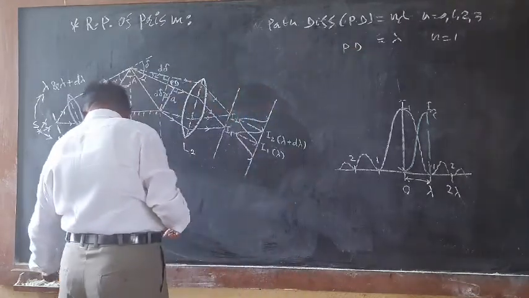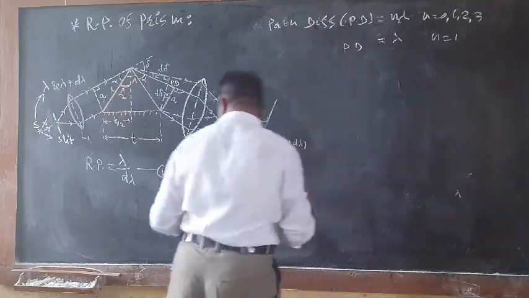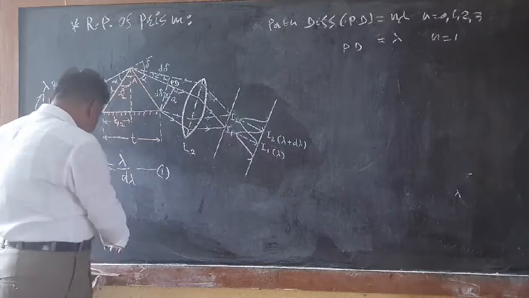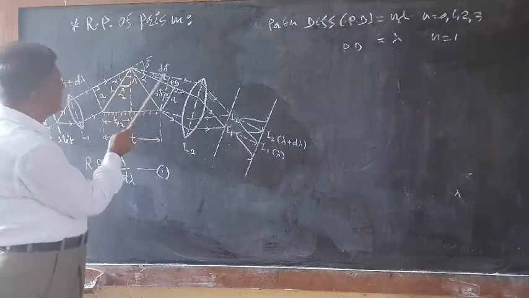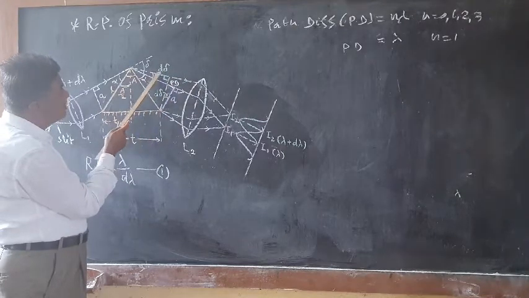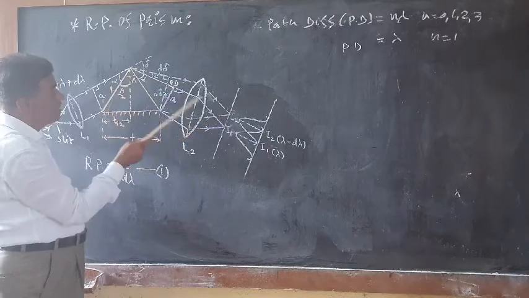And in order to determine the path difference, consider this figure and draw the normals. These are the two rays, the dispersed or refracted rays. One is indicated by the dashed lines, the other by the solid lines, and we get the image.